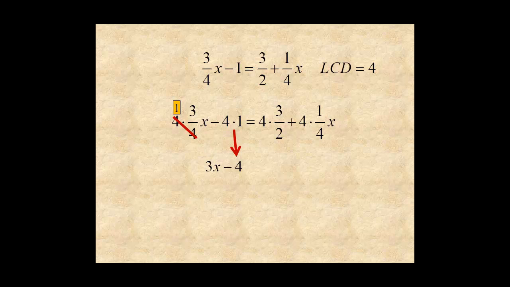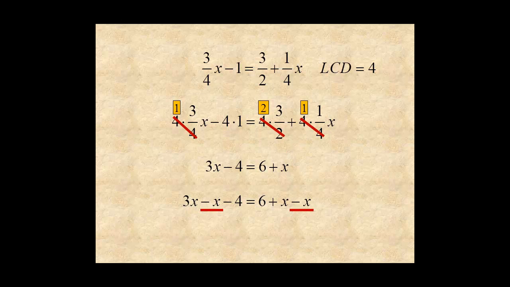On the right side of the equation in the first term, 4 divided by 2 is 2. And 2 times 3 equals 6. In the second term, 4 divided by 4 is 1. And 1 times x is x. Then subtract x from both sides.